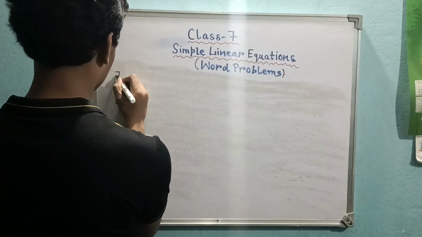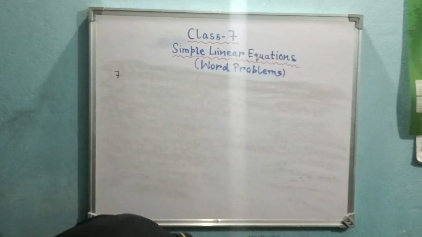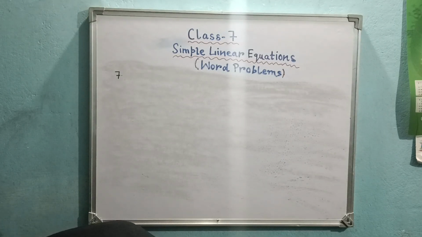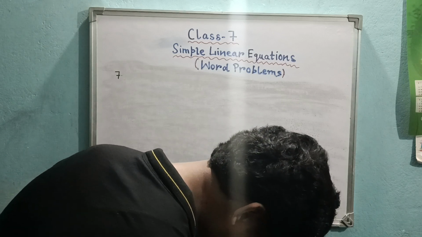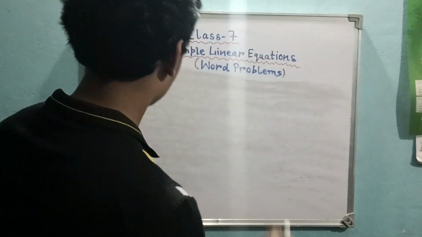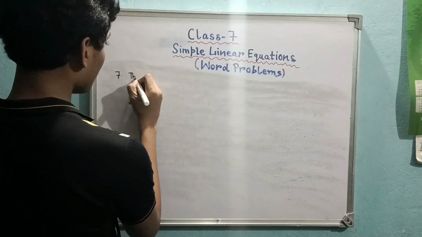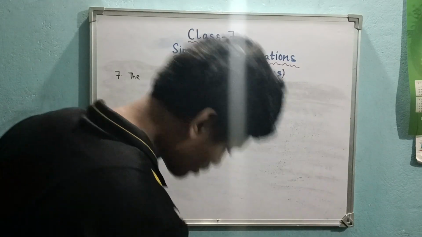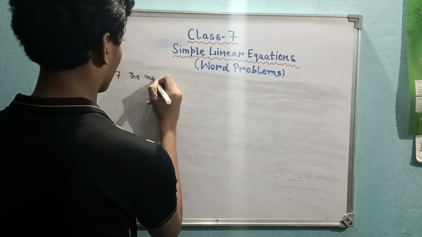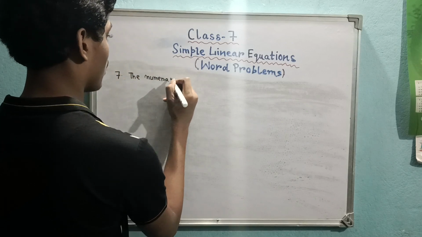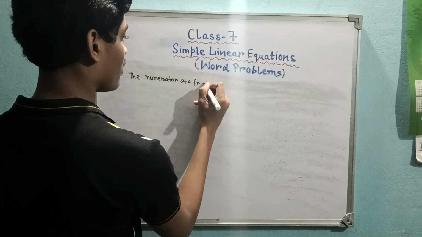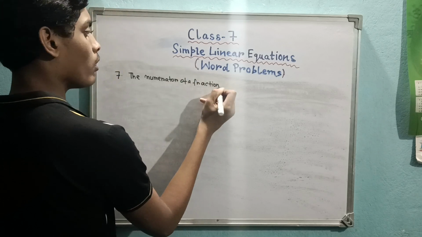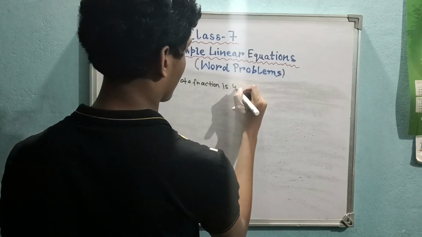Number 7. Okay, so now we have fractions in the house. The numerator of a fraction is 4 less than its denominator.